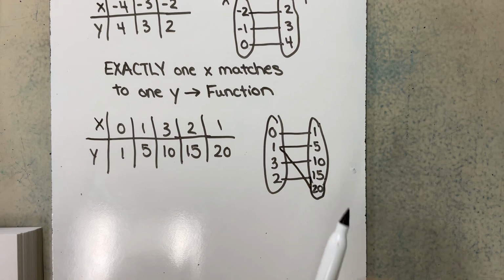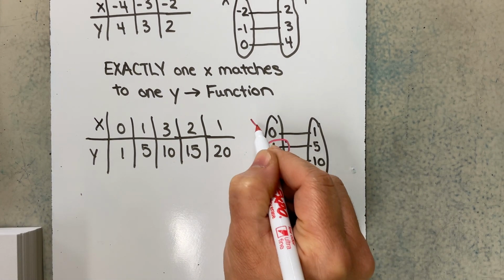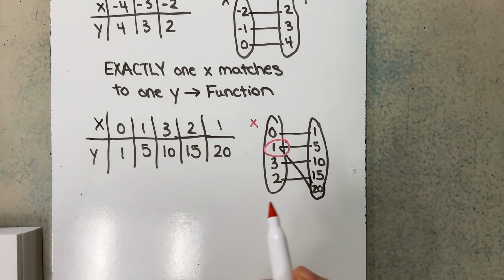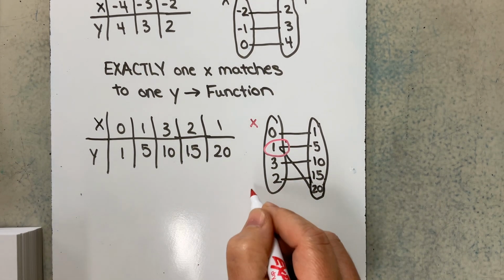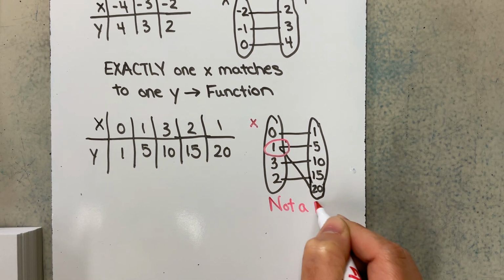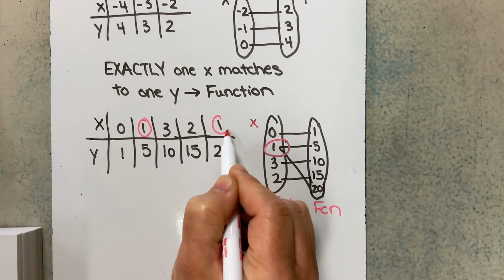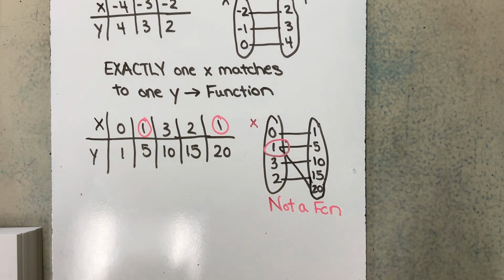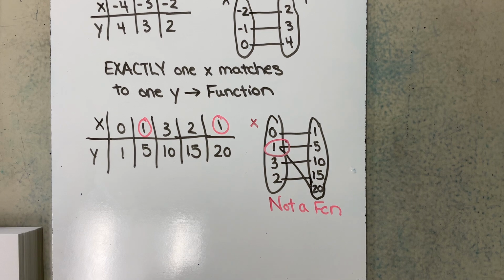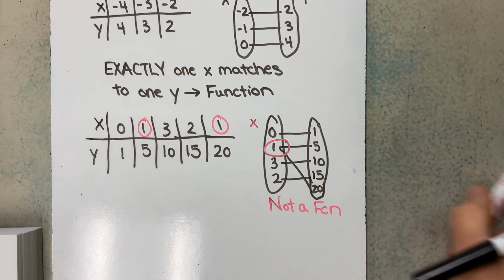Right here, this is not a function. Okay, your x must match to one y. So this is not a function. Okay, if you see the same x and they have different numbers here, this is not going to be a function. Okay, because one x does not match to one y.